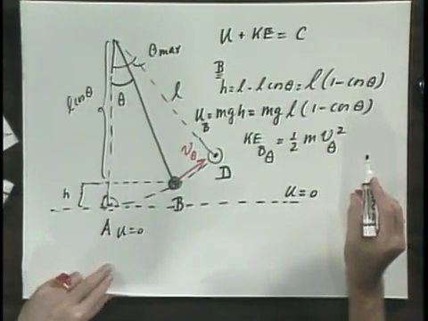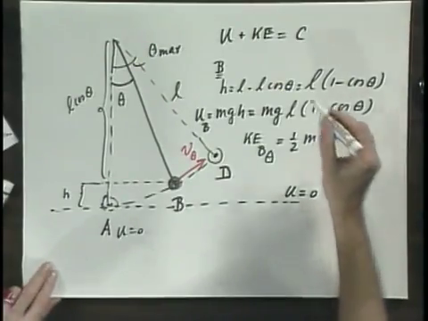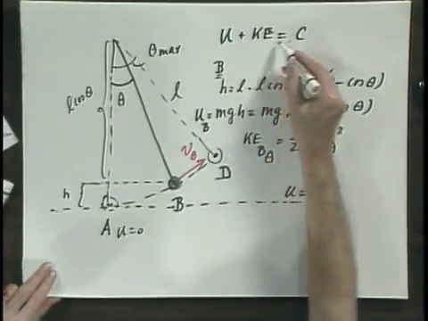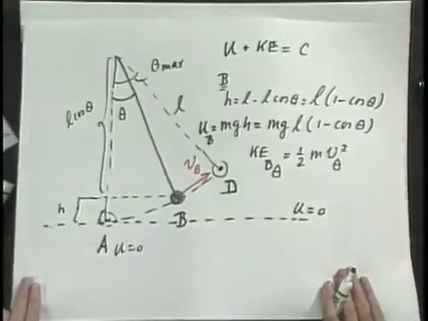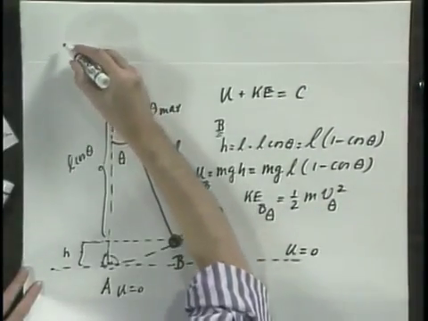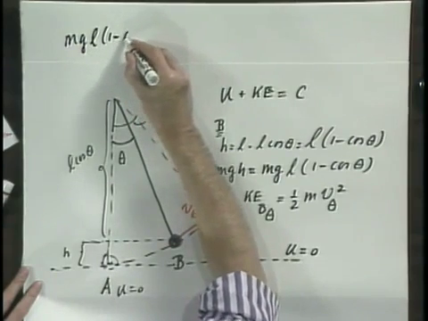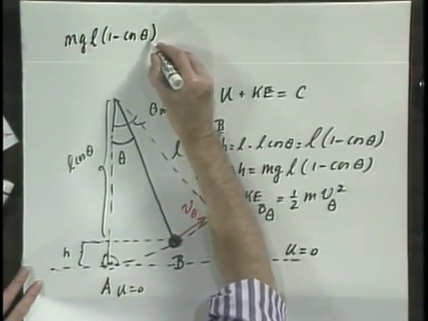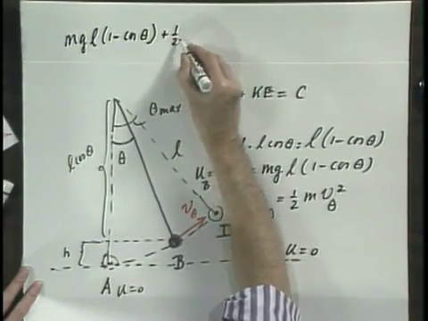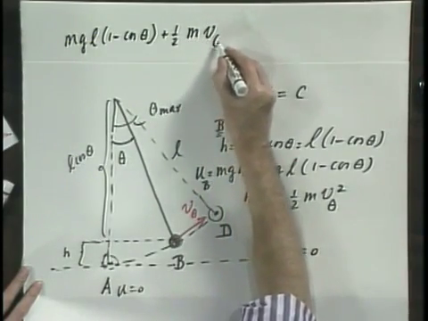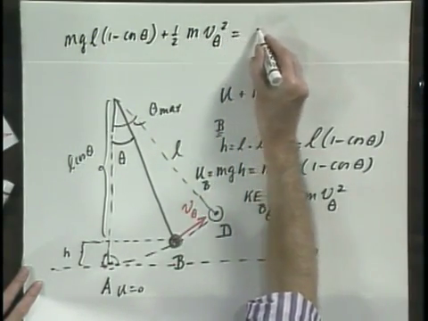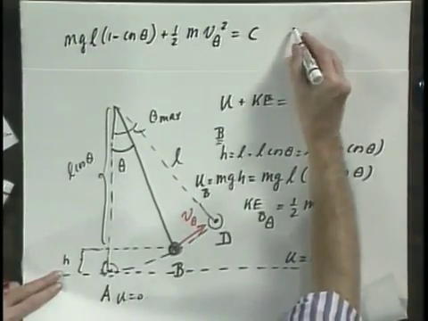So now, I want to write down that at point B, U plus kinetic energy is a constant. mgL times 1 minus cosine theta plus 1/2 m v theta squared equals a constant. I call that equation number 1.